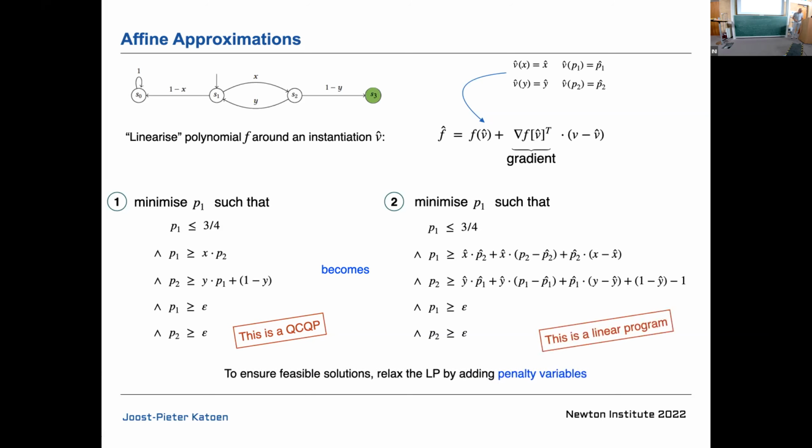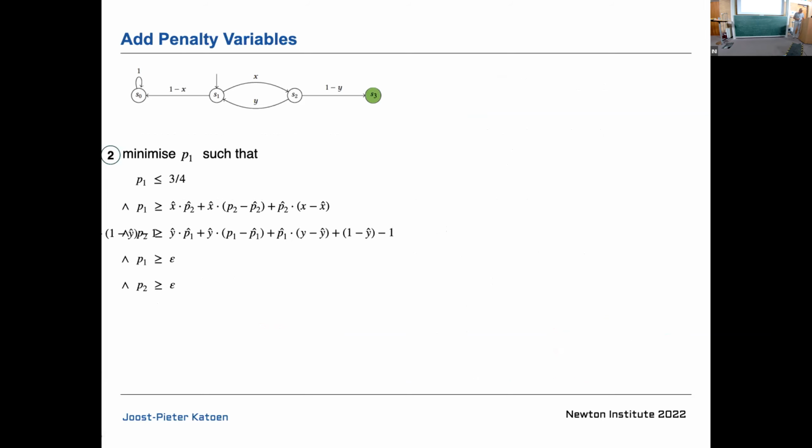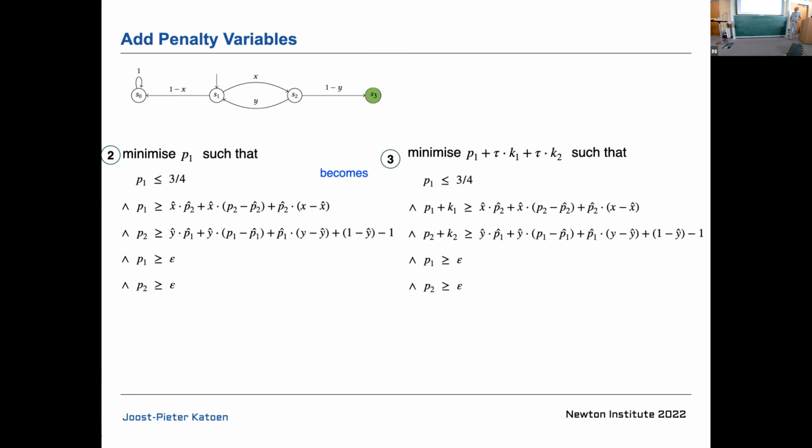But people in optimization also know that you have to be a bit careful, because now the question is: is a feasible solution here also a feasible solution there? This is not always the case. So what they do is they use what are called penalty variables. In my case, because I have two unknowns, P1 and P2, we're going to add two penalty variables, K1 and K2. You add this to the objective, and you also add them here.